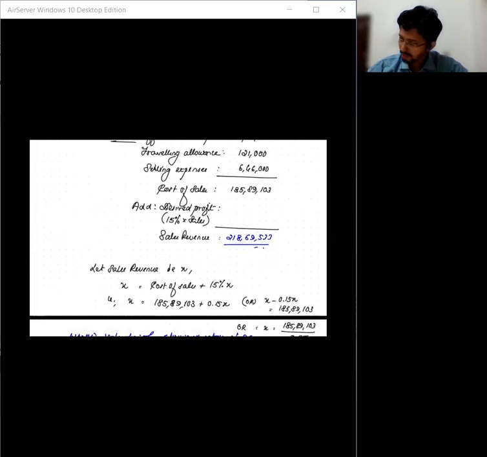So 218,69,533 minus the cost of sales, 185,89,103. The desired profit is the balancing figure, that is 32,80,430.